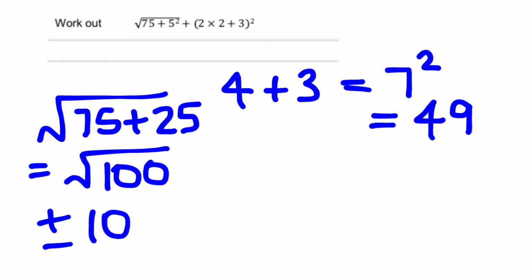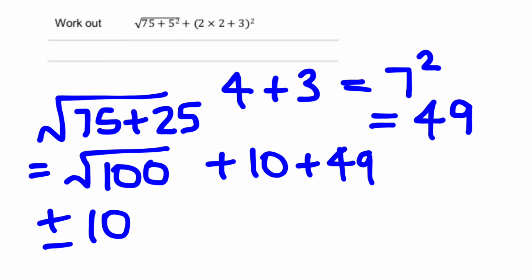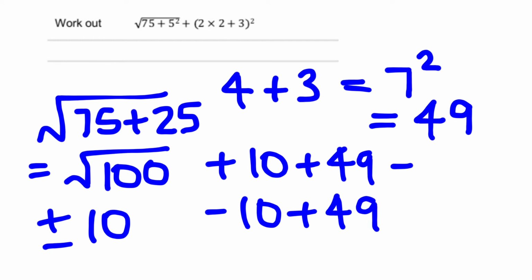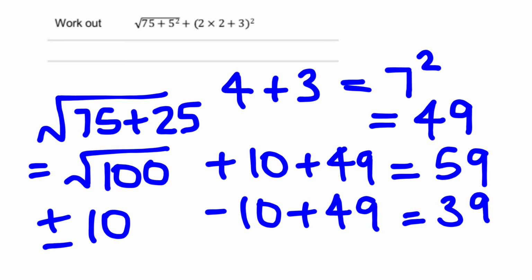So we need to give two answers. So we need to do positive 10 plus 49 and negative 10 plus 49 to give us 59 and 39. And those are the two answers that you will need to give to get 3 marks for this question.